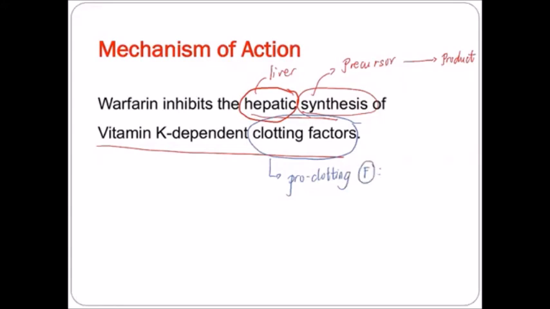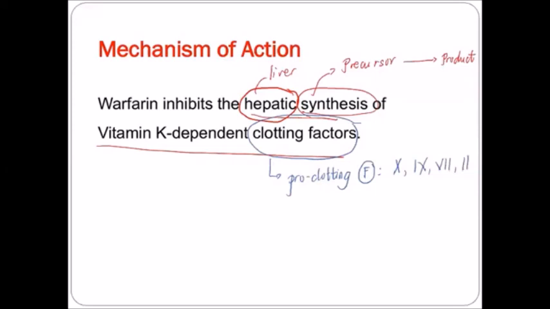When we say pro-clotting factors, these are the ones that can promote 1A formation. Remember, as you learned previously, 1A is the one that strengthens the bridge, and it further stabilizes the clot. Examples of these pro-clotting factors that need vitamin K are factors 10, 9, 7, and also 2.